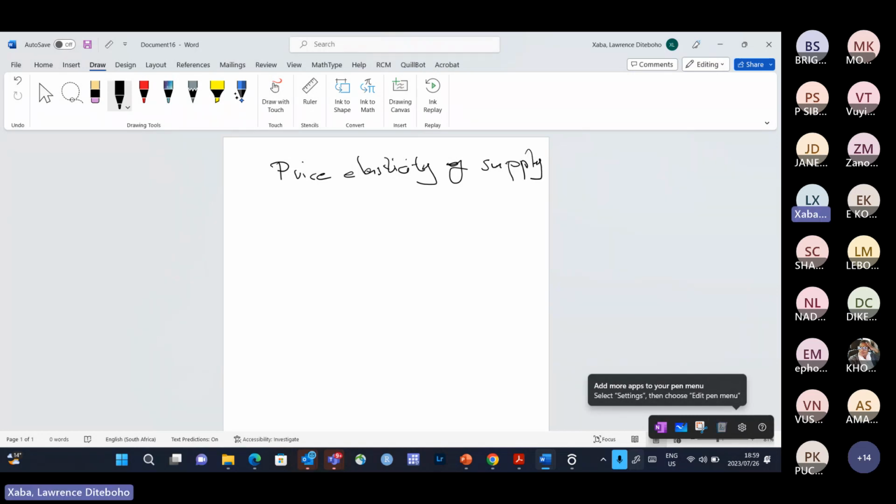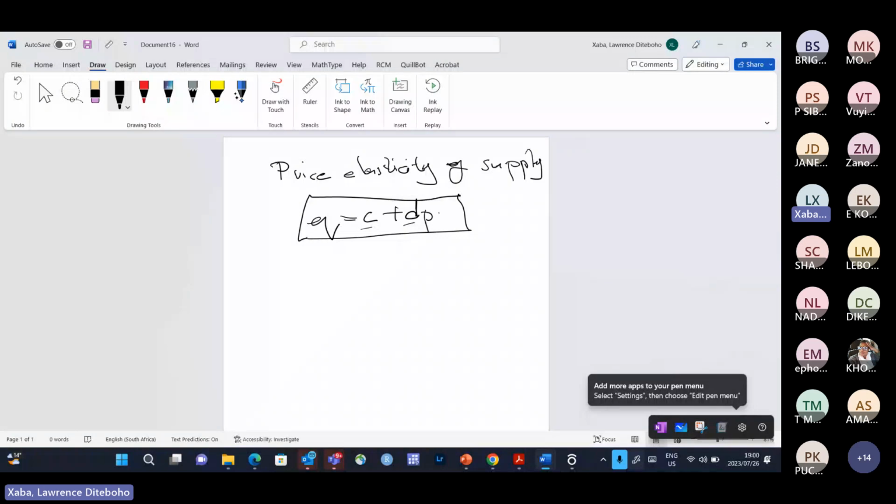If you remember the function of supply, we say the function of supply is Q equals C plus DP. This is the same function that we spoke about on Monday, where Q is quantity, C is the constant, and D is the coefficient of the price, which is denoted by P.